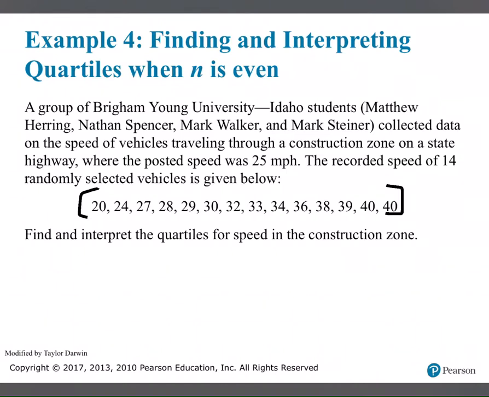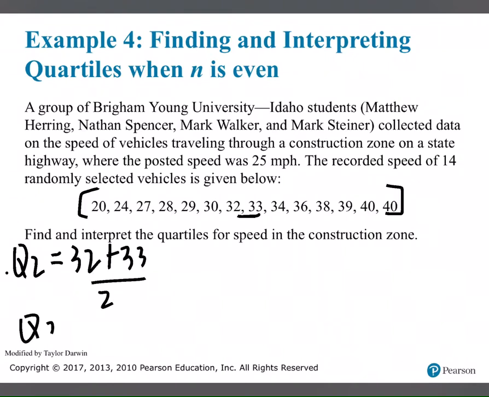Those two middle numbers are 32 and 33. So to find my Q2, aka my median, I'm going to average them together, and I end up getting 32.5 for my Q2.